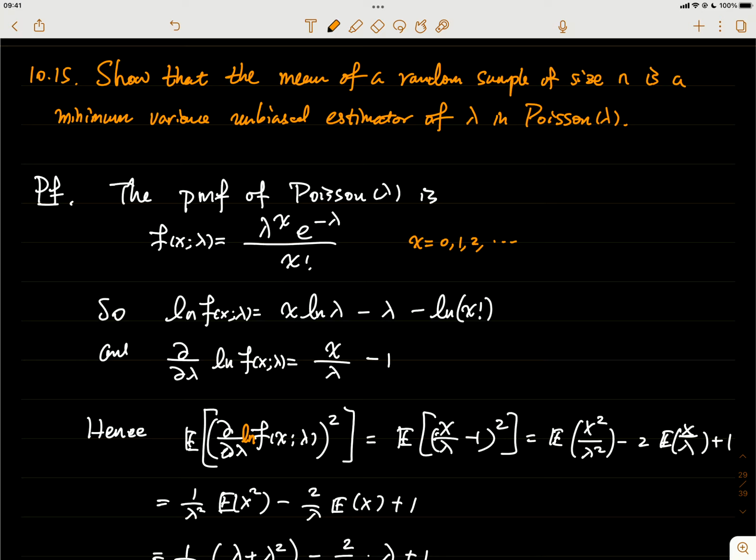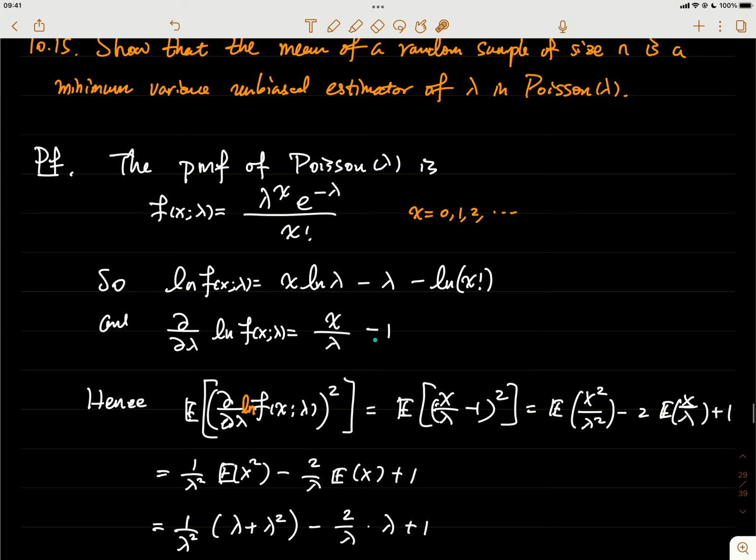For the values of x, what we need to do is to compute the logarithm, which by taking the logarithm of this, we get x log lambda minus lambda minus the logarithm of x factorial. And then we need to take the partial derivative with respect to lambda. That gives us x over lambda minus 1.